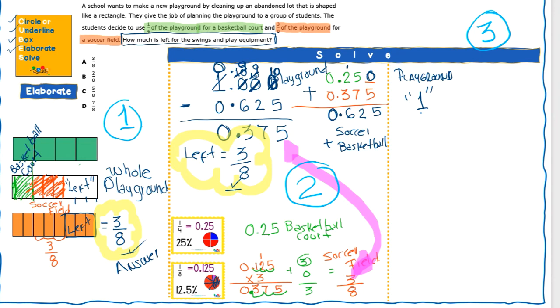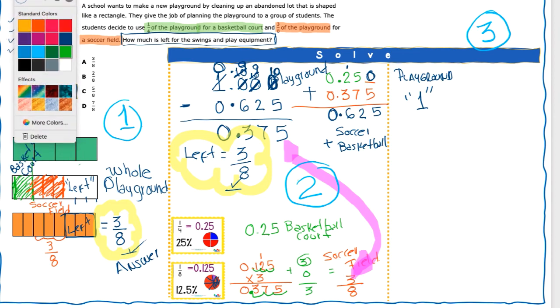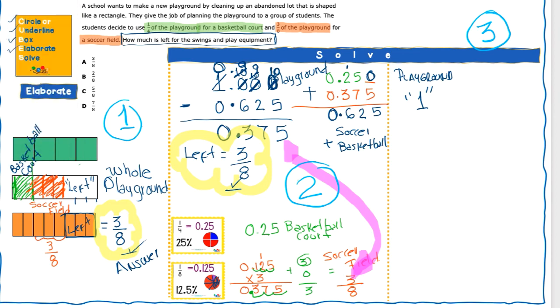Great. So the other thing that we need to find out, remember, is the soccer field plus the basketball court. And I'm going to do this. Again, I'm going to go with green for the basketball court. And we said that number is 1/4.